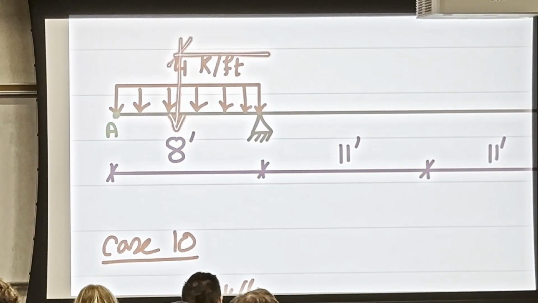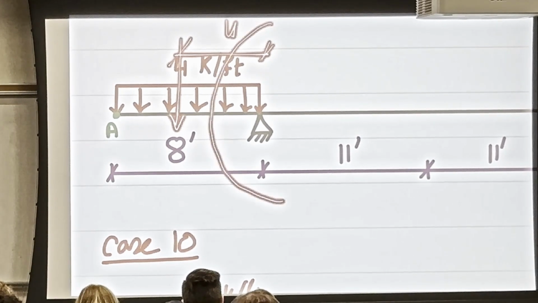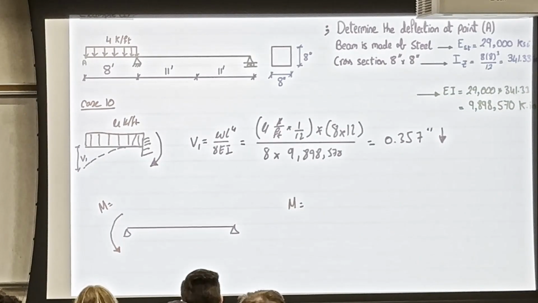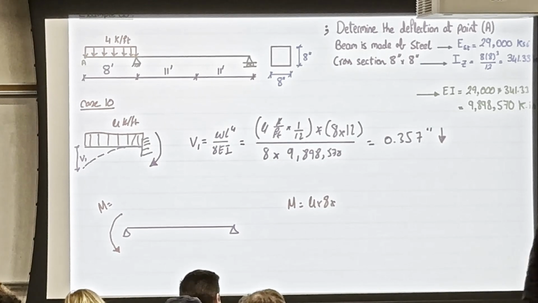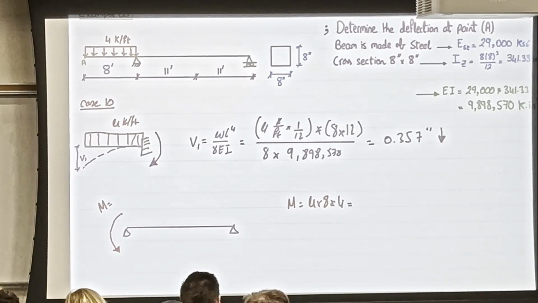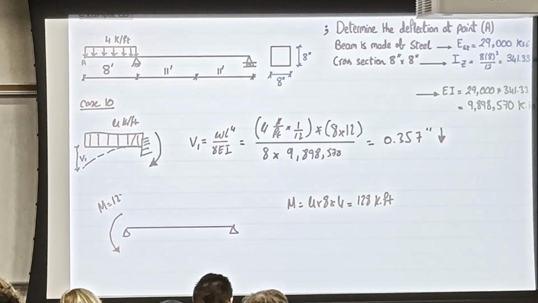Multiply this point load by 4, which is half the distance, and then I have a bending moment here. So this bending moment is going to be 4 times 8 times 4, and it's equal to 128 kip foot. Okay? Now this load case, you have it in the table, and it is case 3.